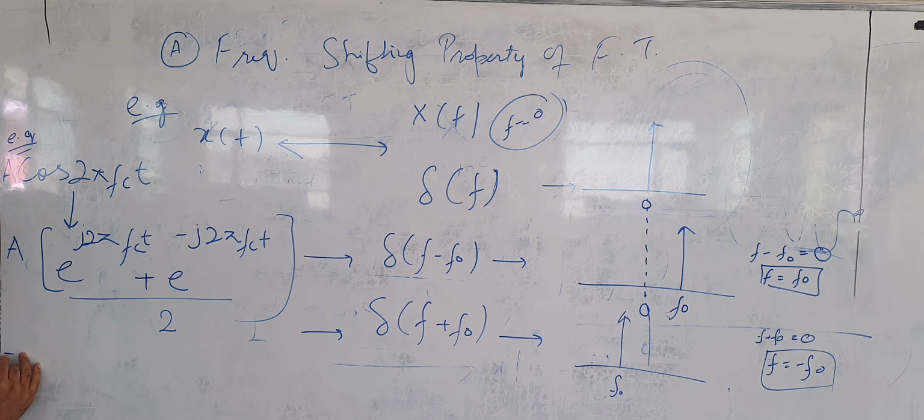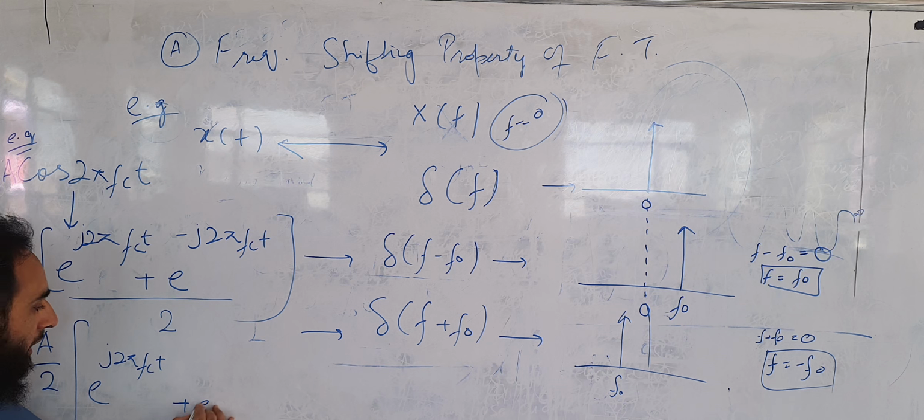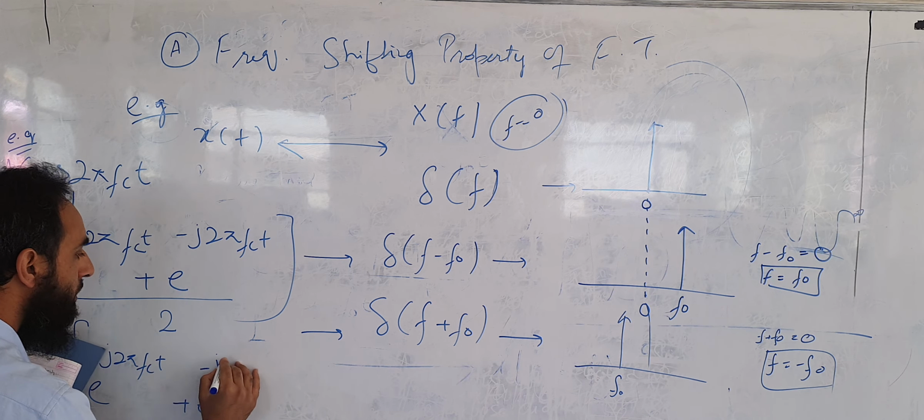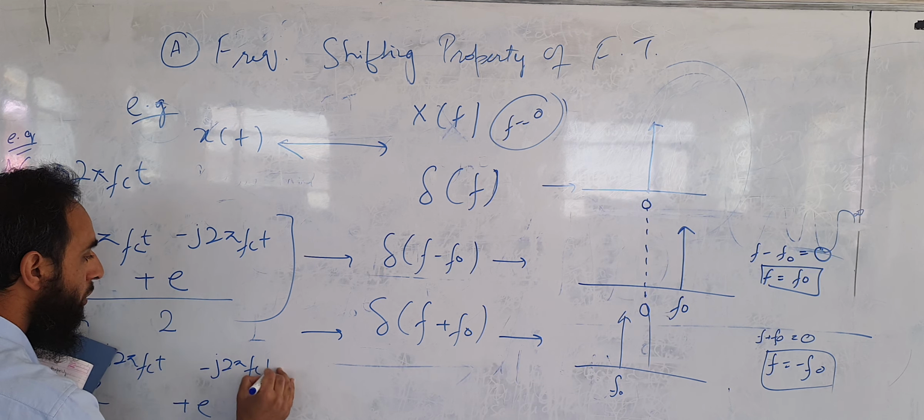Now if I just try to rearrange this whole thing, I take 2 as common: A by 2 into e raised power j 2 pi fc t plus e raised power minus j 2 pi fc t.